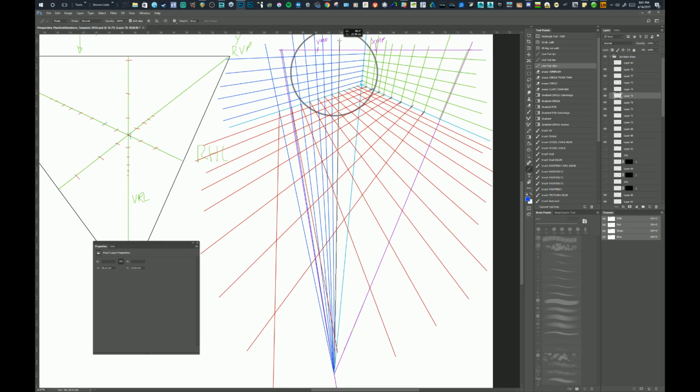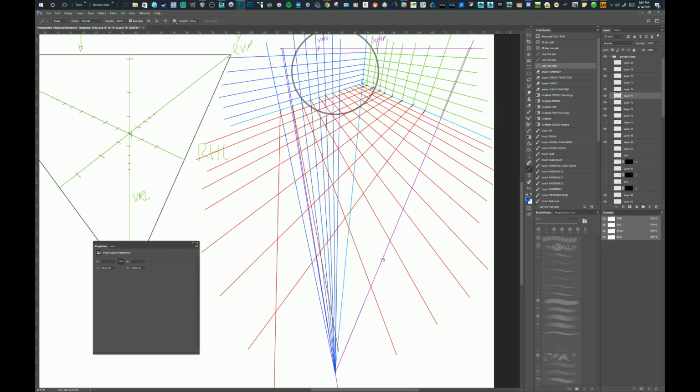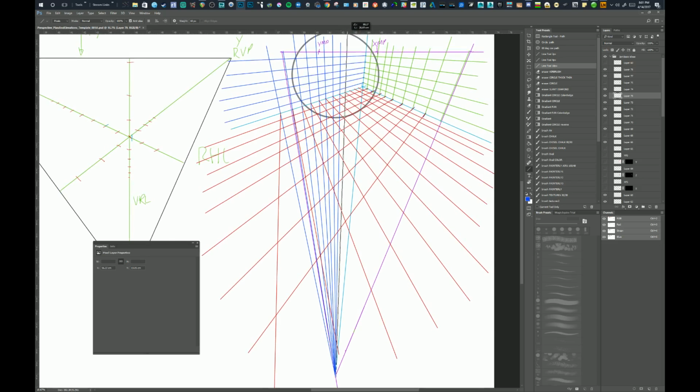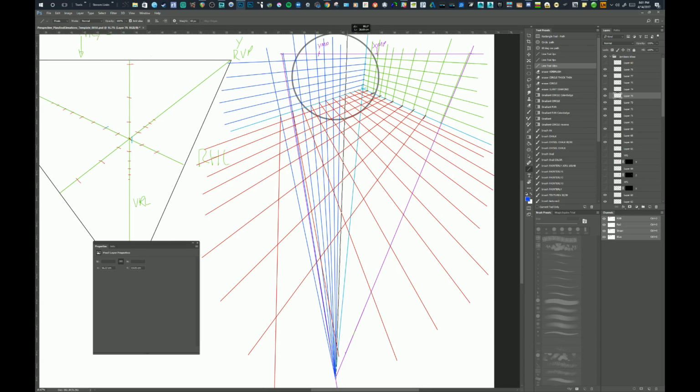So wherever those plans meet that center line, or that vertical vanishing line, or the vertical reference line, we now have a measure bar to work with that will help us know how far forward or how far back things are in space.